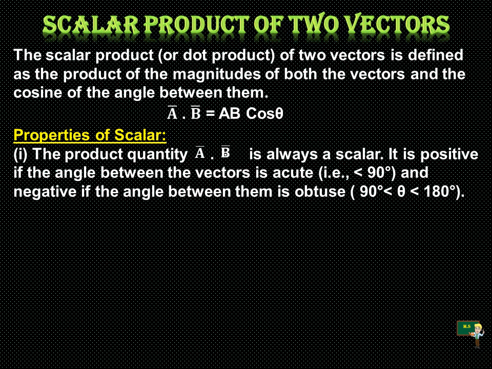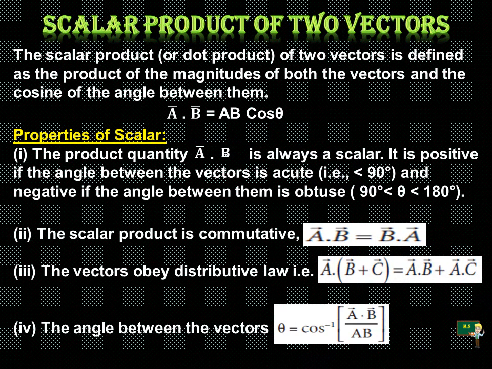It is positive if the angle between the vectors is acute, that means the angle is less than 90 degree, and negative if the angle between them is obtuse, that means 90 degree less than theta less than 180 degree.